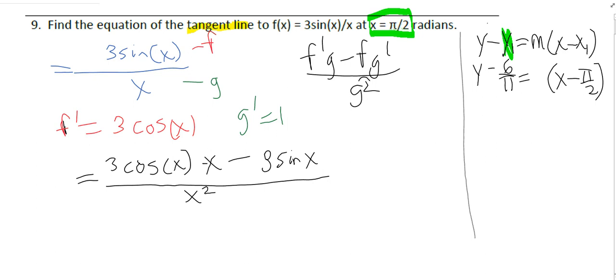So now our job is to evaluate that derivative at pi over 2.